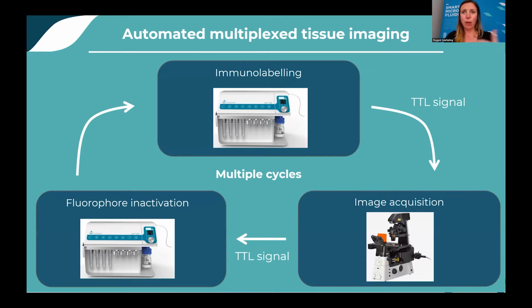But in the paper, they also have automated the sequence by coupling ARIA to a microscope. And so it's, again, the succession of multiple cycles of immunolabeling, image acquisition, and fluorophore bleaching.